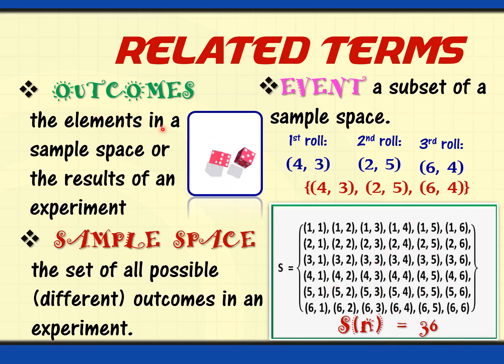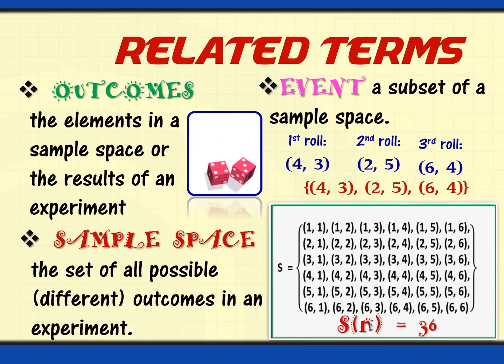Outcome is the result of the experiment, and sample space are all the possible outcomes. Is that clear? Okay, so I hope you can differentiate one from the other, and you have to use the proper notation for sample space and for the event when you list all the events in the experiment. Is that clear? Okay.